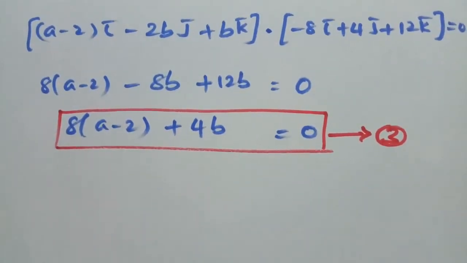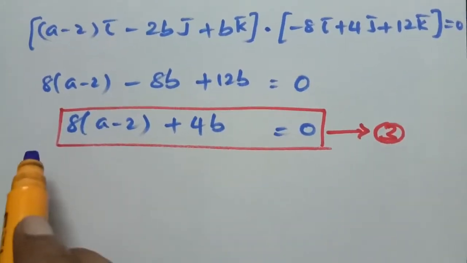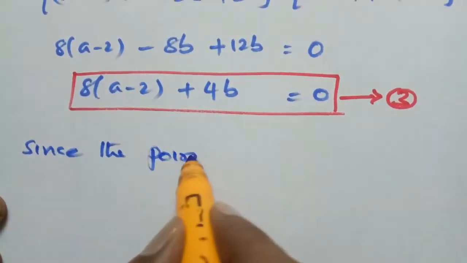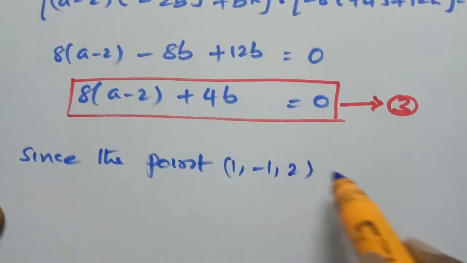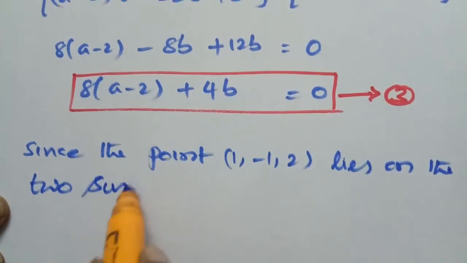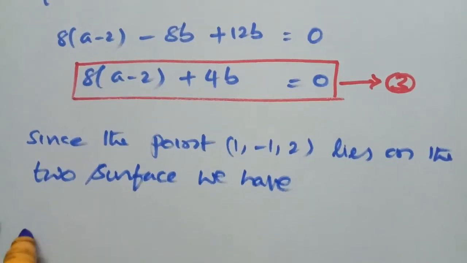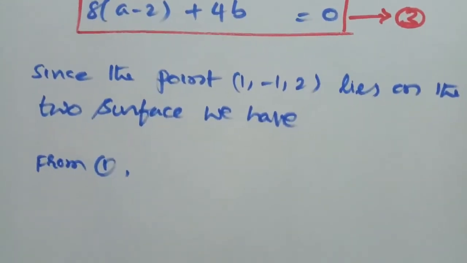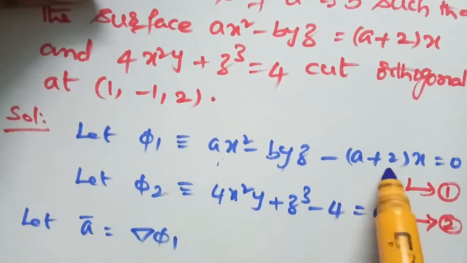Now, the point lies on the two surfaces. Since the point (1, -1, 2) lies on the two surfaces, we have from 1, that means we are substituting in the first surface, ax squared minus byz minus (a + 2)x equal to 0.